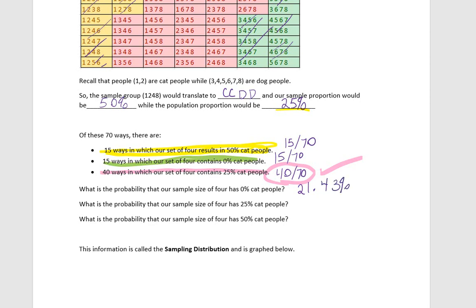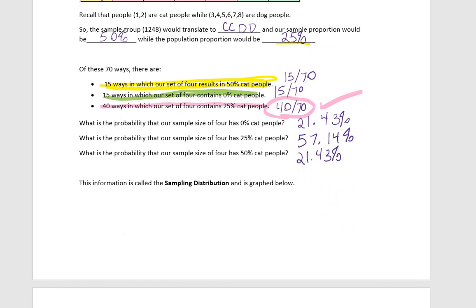So that's the 15 out of 70. Okay. The probability that our sample of 4 has 50% is the same one. It's 21.43%. And the probability that our sample of 4 has 25% cat people is going to be 57.41%.